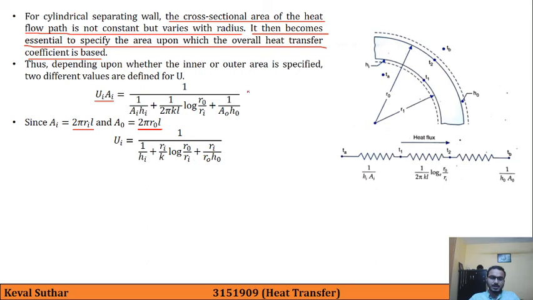You can do it by yourself. Once you put the values of AI and AO in this equation, 2 pi and L will get eliminated and the remaining things will be like this.